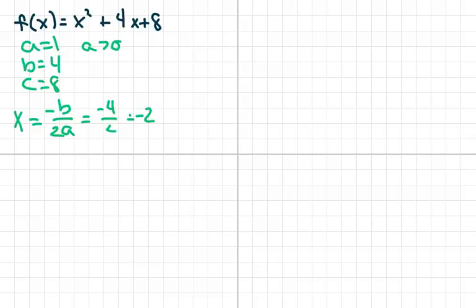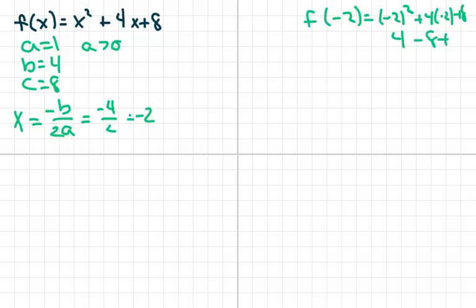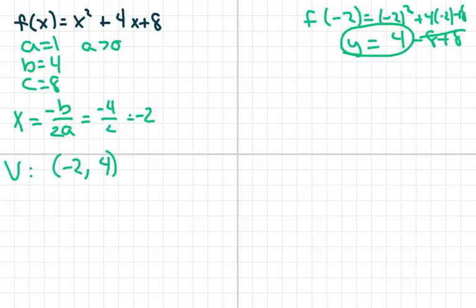All right, so we're going to do f of negative 2 equals negative 2 squared plus 4 times negative 2 plus 8. So that gives me 4, because negative 2 squared is 4, minus 8 plus 8. That cancels, so y equals 4 here. So my vertex is negative 2 comma 4.